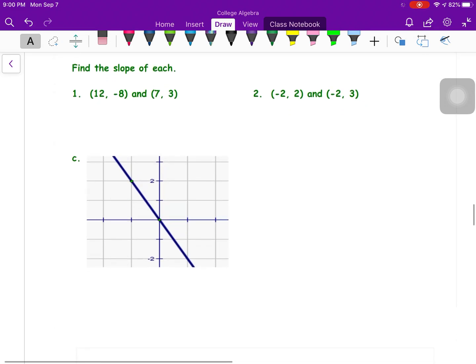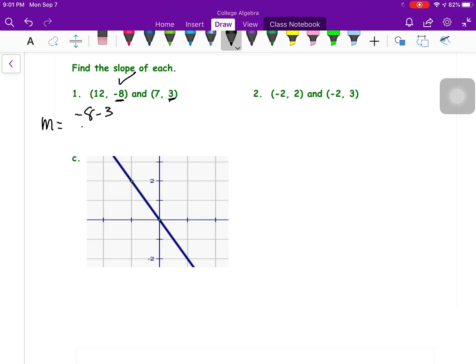So let's try to compute some of these things. First of all, it says find the slope of each. Well, we know slope is change in y's over change in x's. So I'm going to start with this point. And in this point, my y is negative 8. And my other point is 3. So change is difference.